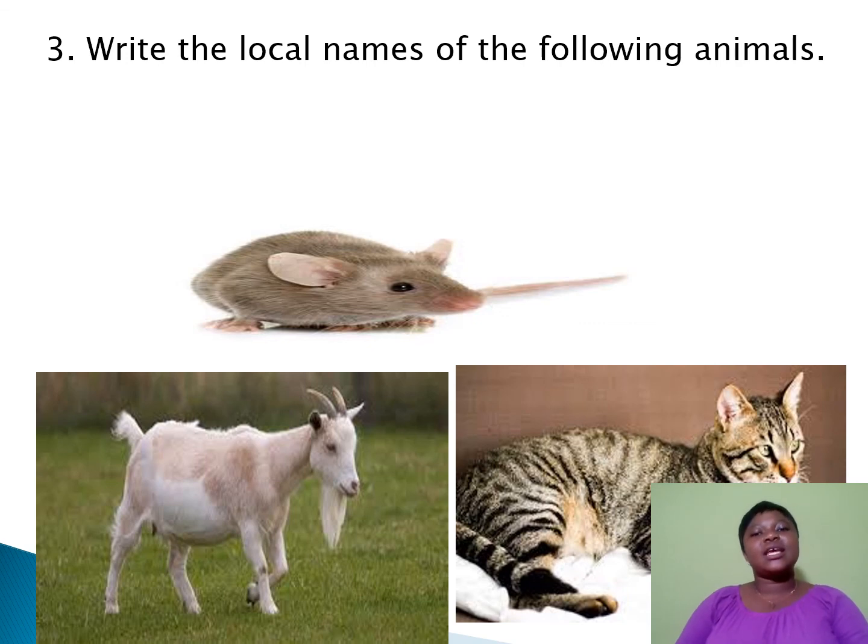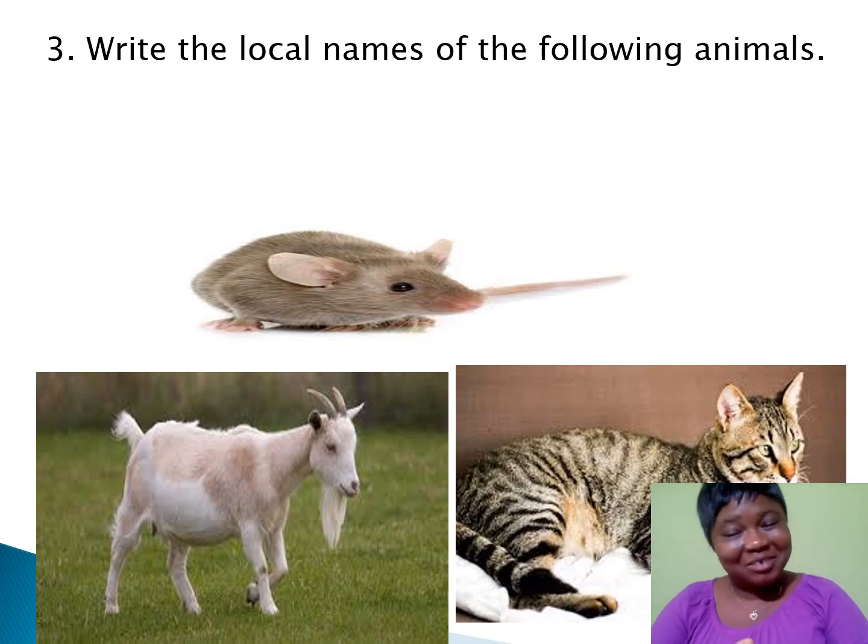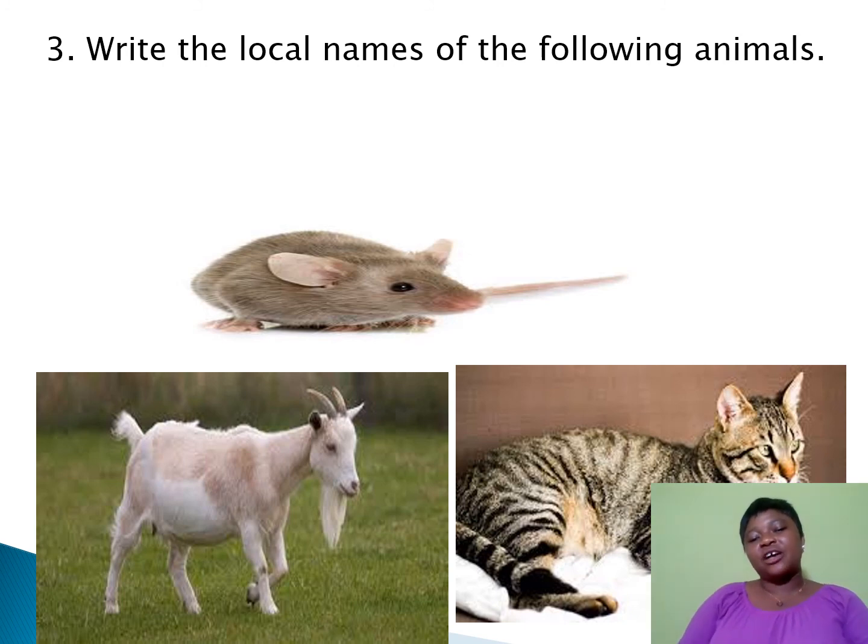And our next one, write the local names of the following animals. You are going to write the local names of the following animals. So this is what you are going to do. You ask of the local names and you write them for me. After answering those two questions, you look at the images, then you write their local names for me, okay?